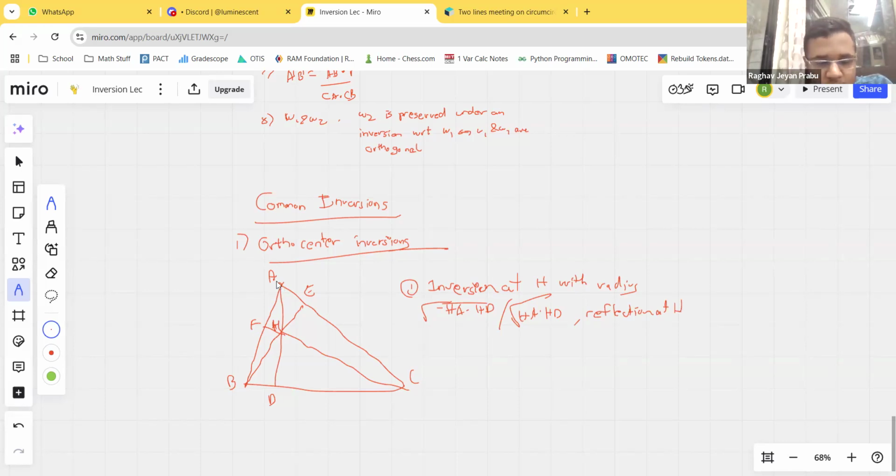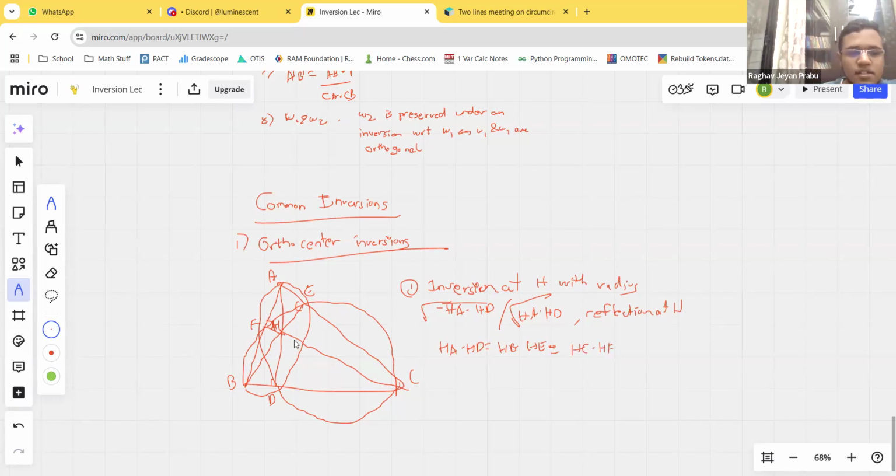So what does this do? Since all these angles are 90 degrees, you know that AEDB is cyclic, AFDC is cyclic, and BFEC is also cyclic. So you have three cyclic quadrilaterals. If you use power of a point on H, you'll get that HA times HD is equal to HB times HE, which is equal to HC times HF.